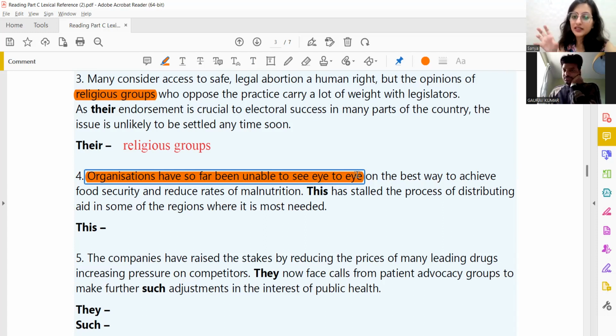Organizations have been unable to see eye to eye. This has stalled the process of distributing aid in some of the regions. That's why I was saying sometimes the answer could be paraphrased as organizations' inability to see eye to eye. Seeing eye to eye means that they haven't been in agreement. So that would be the answer for this.